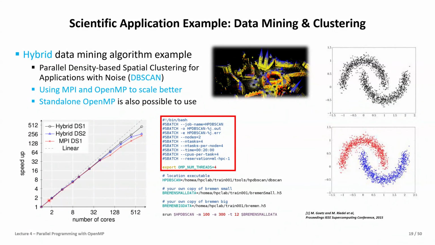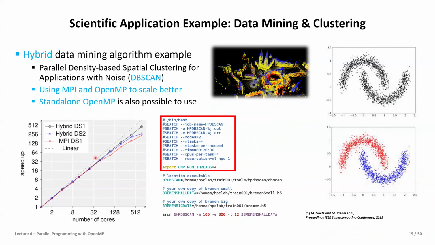And you see quite nicely here in the scaling plots that we did at the time that the MPI with data set 1, which is essentially different data sets of a city, is used to cluster a point cloud measurement, just basically points in space. We cluster the city parts, so basically the buildings, based on Euclidean distance, how close the points are, and then give different colors, etc.